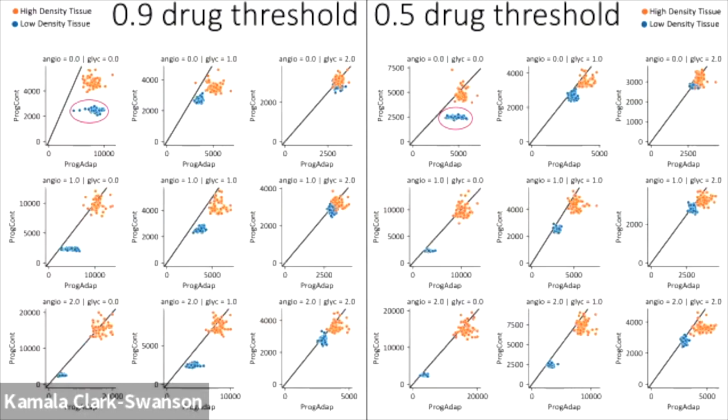So I'm going to first highlight two particular cases here. The top left is the normal-like tumor cells that don't recruit more vasculature and consume the same amount of glucose as the normal cells do. In particular, I'm looking at the low density case because that's where adaptive therapy is doing the best.